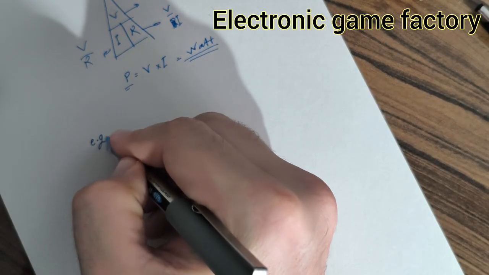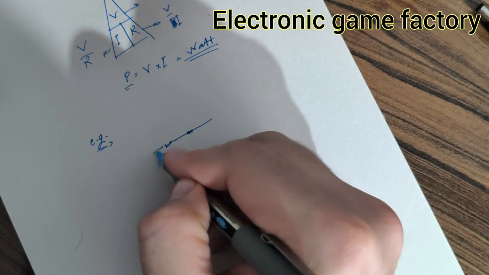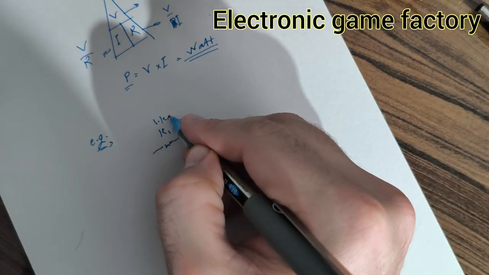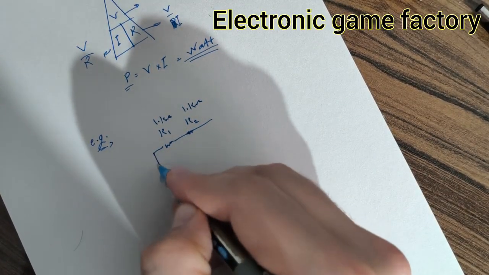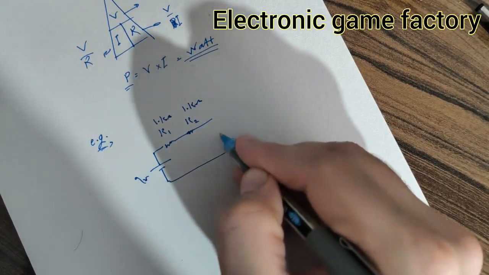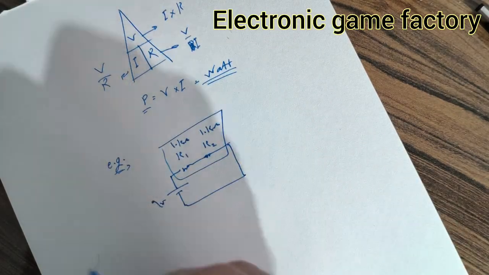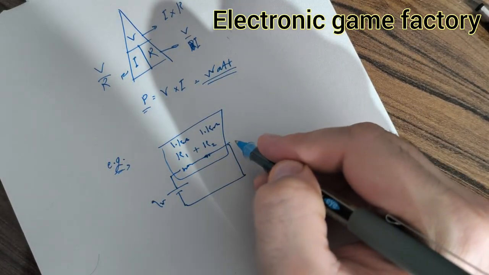Now is the time to calculate an example. For example, we have a circuit in series with two resistors. One is 10 kilo ohm, the other one is the same. And then we have a 9-volt battery, which they are all connected together. When we have the resistors in series, we can add them together.